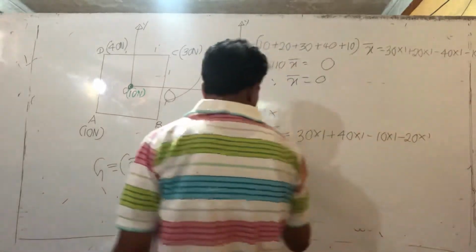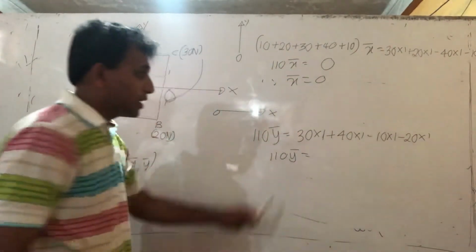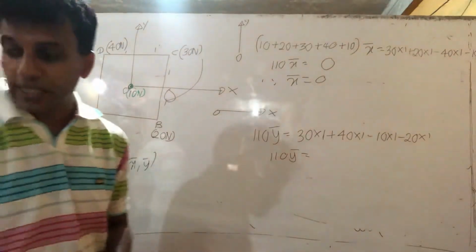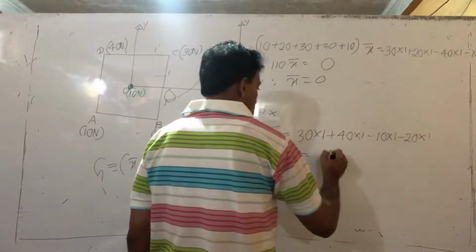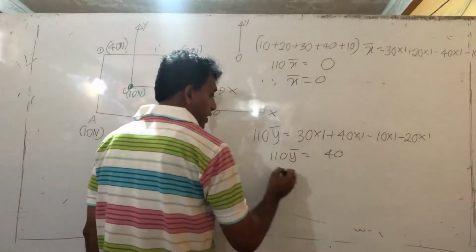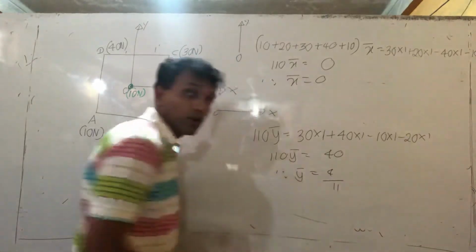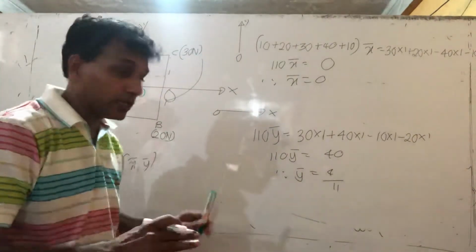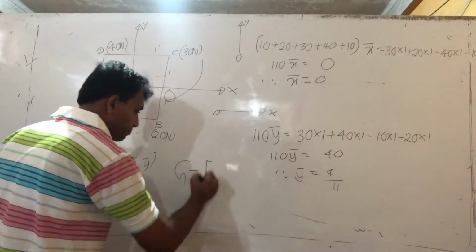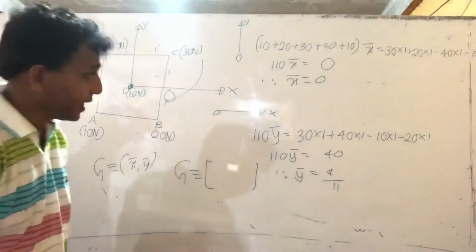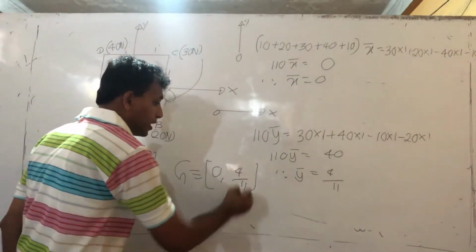So in this case 110 y bar equals 70 minus 30, that's 40. Therefore y bar answer is 4 over 11. Okay, therefore in my method, I come to the answer: the center of gravity acts at coordinate (0, 4/11).